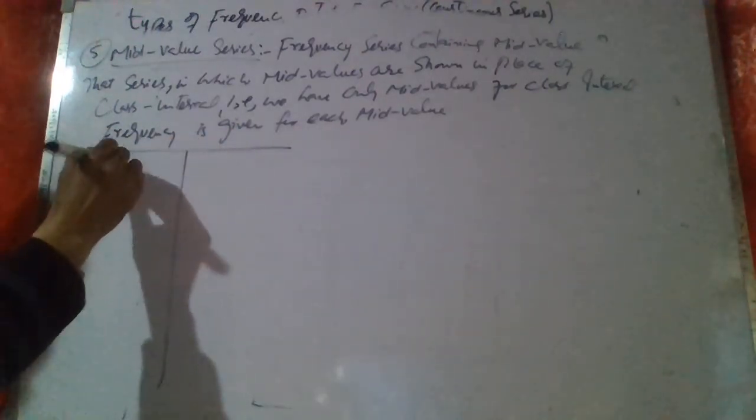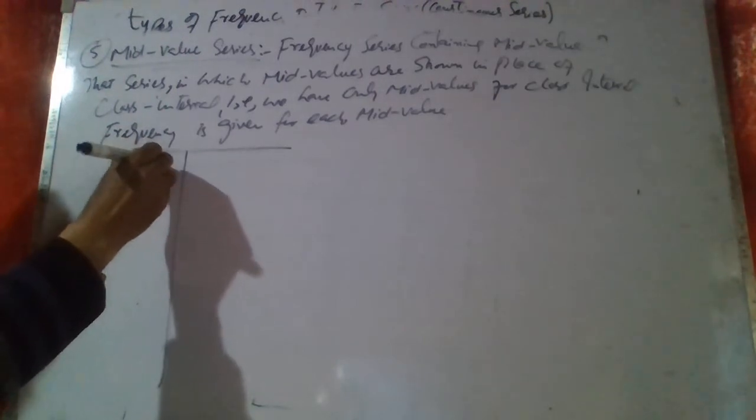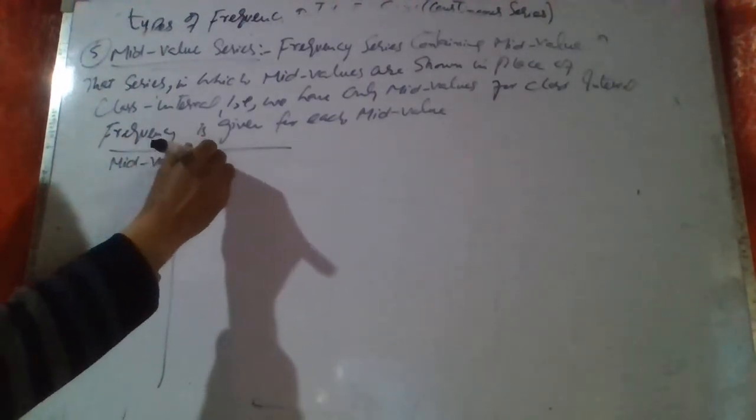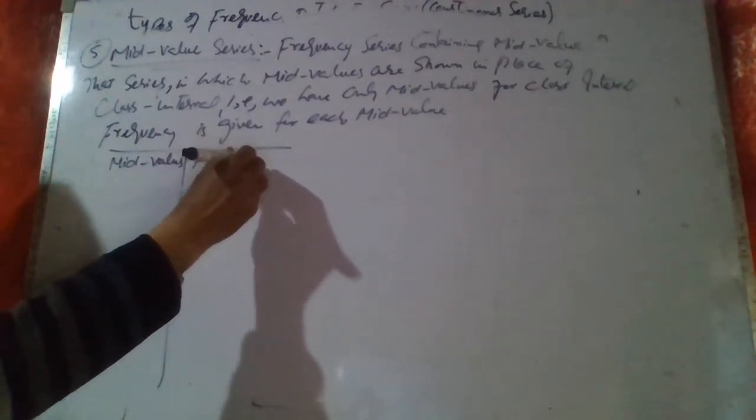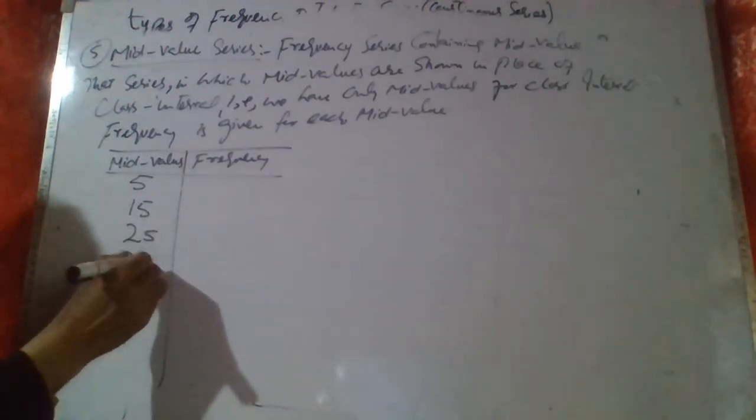For every mid-value there is a frequency, just as for every class interval there is a frequency. That is the form of a frequency series. The series is like this: we have mid-values and we have frequencies. For example, 5, 15, 25, 35, 45.